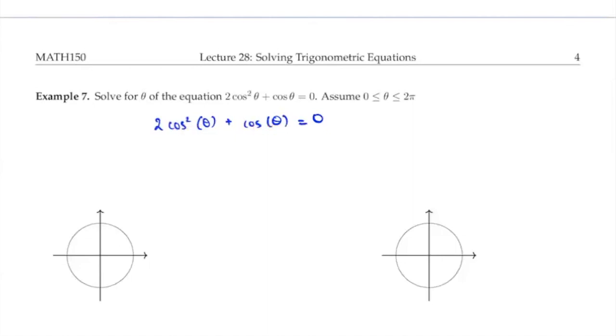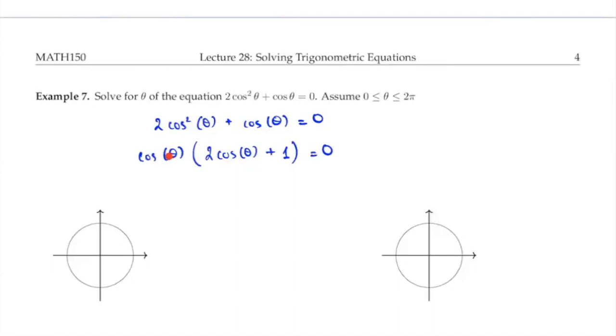Cosine of theta is a common factor. So you take cosine of theta out as a common factor, and you're left with 2 times cosine of theta plus 1 equal to 0. Okay, so hopefully you can see the idea here that cosine of theta is a common factor.